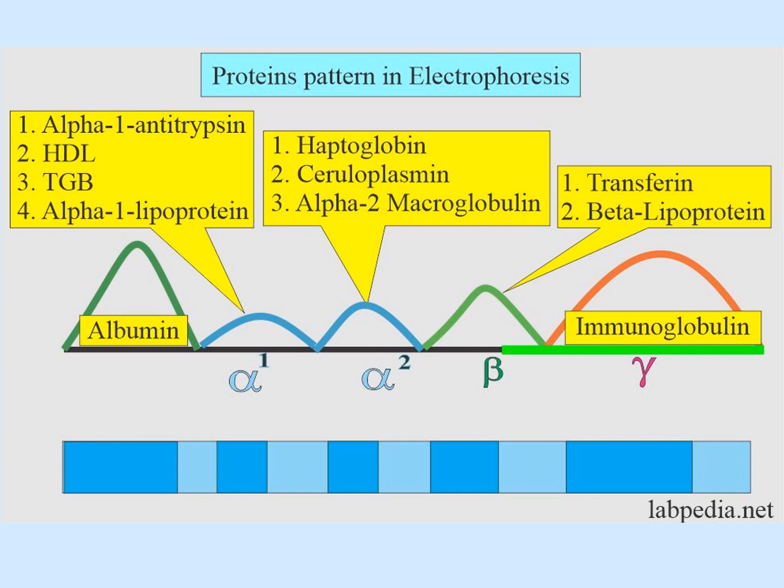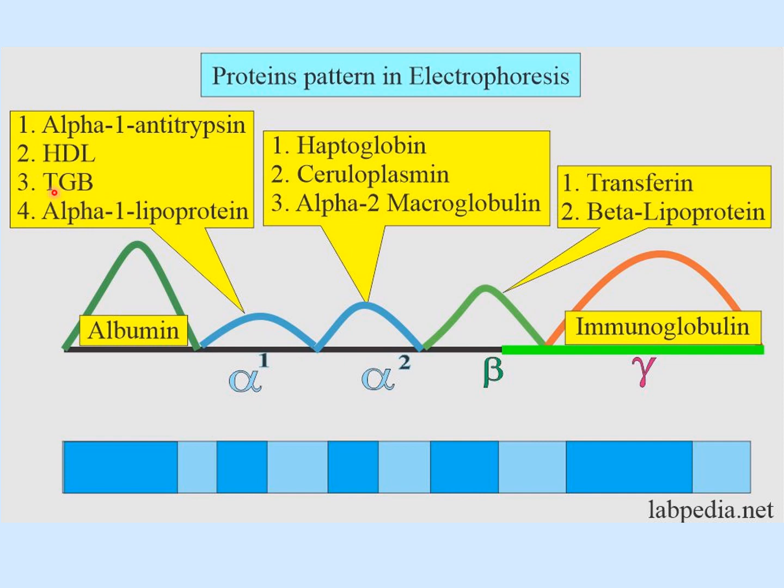This slide illustrates the electrophoregram of blood serum proteins, and in short form, which proteins are in which fraction of blood serum. First of all, I want to say again about alpha-1 globulins. You should know which proteins are in this fraction. By the way, here there is a mistake.